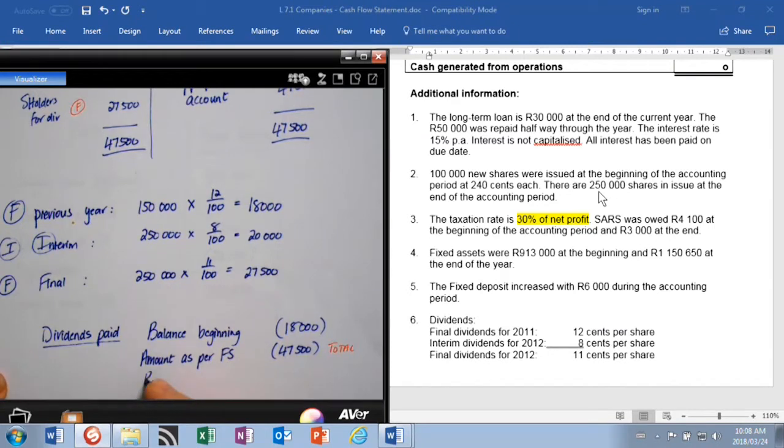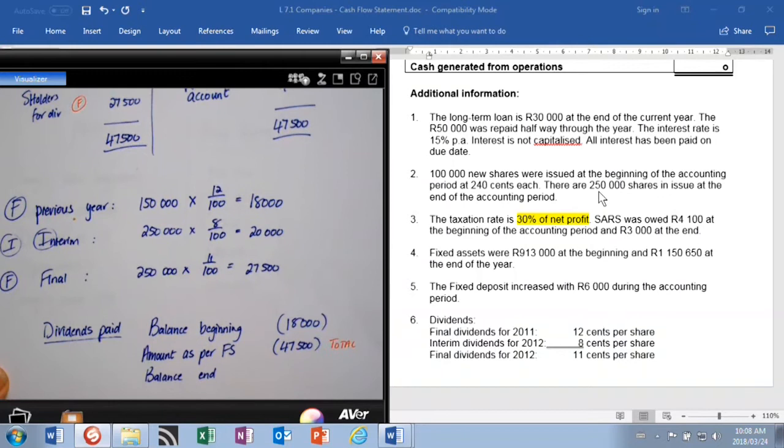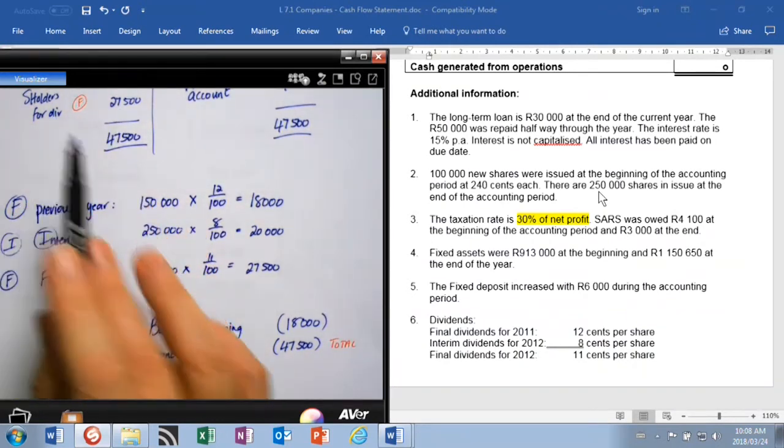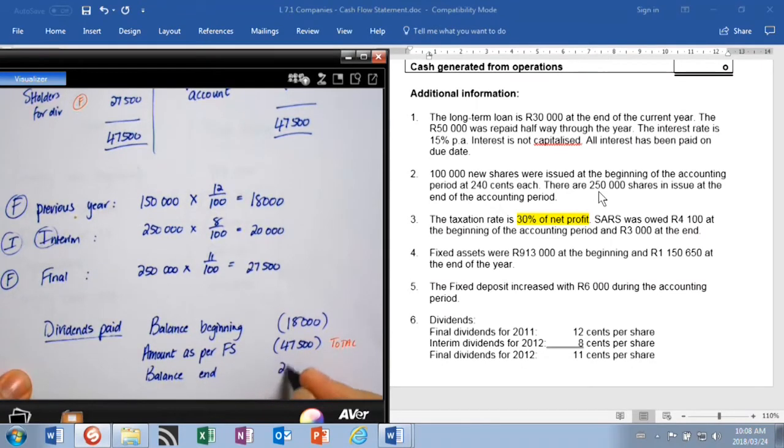But balance at the end of the year shows that we didn't pay the 27,500 because that is on the credit side of shareholders for dividends. So the 27,500 was not paid. The final dividend is not paid. This is the final dividend of the previous year. That one is paid. The final dividend of this year is not paid.